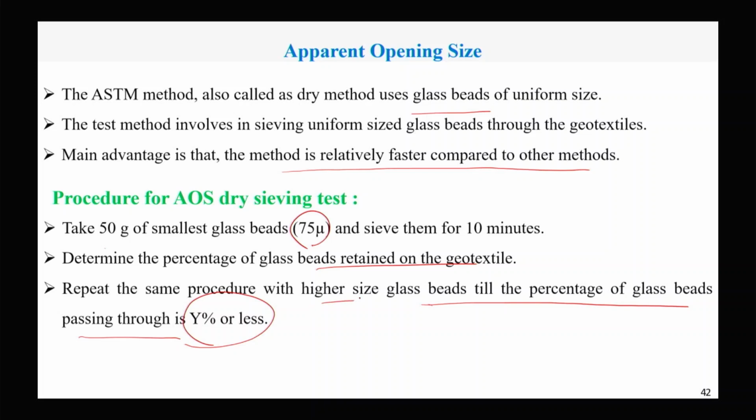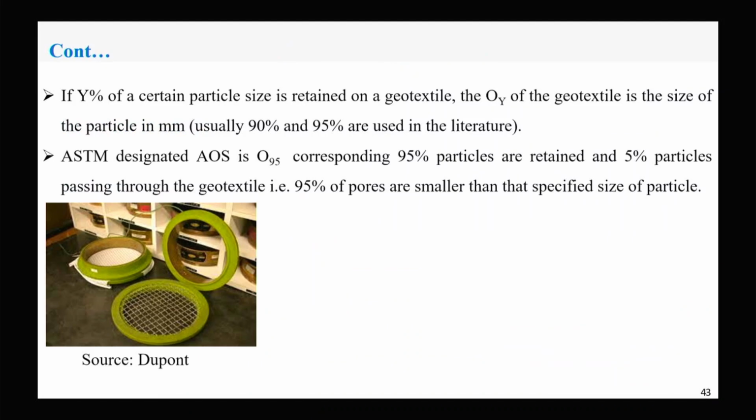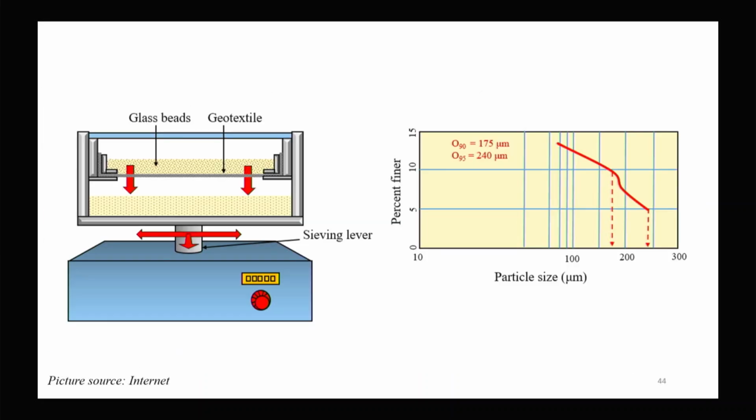So gradually we increase the size, and a graph is plotted. Just see the graph. These are the different types of sieve. This type of graph is plotted.